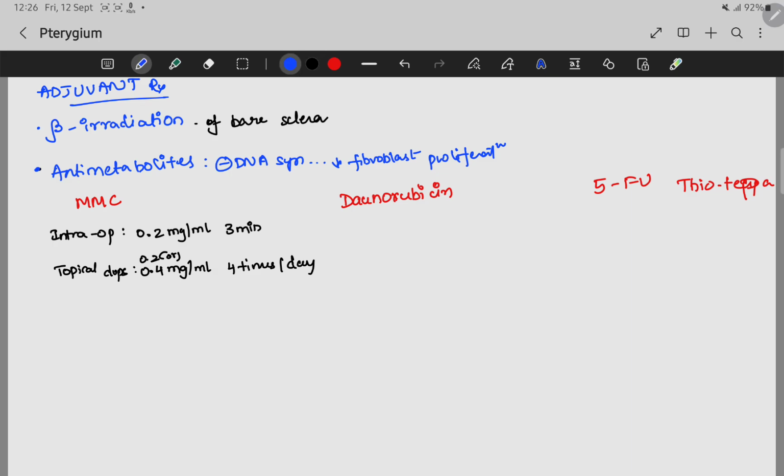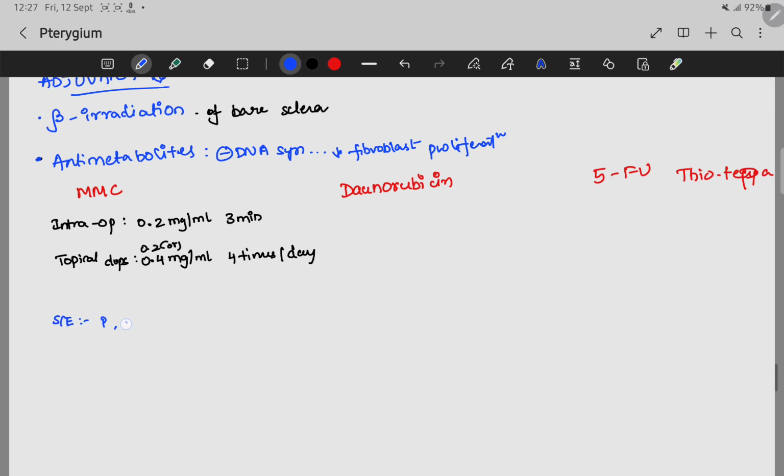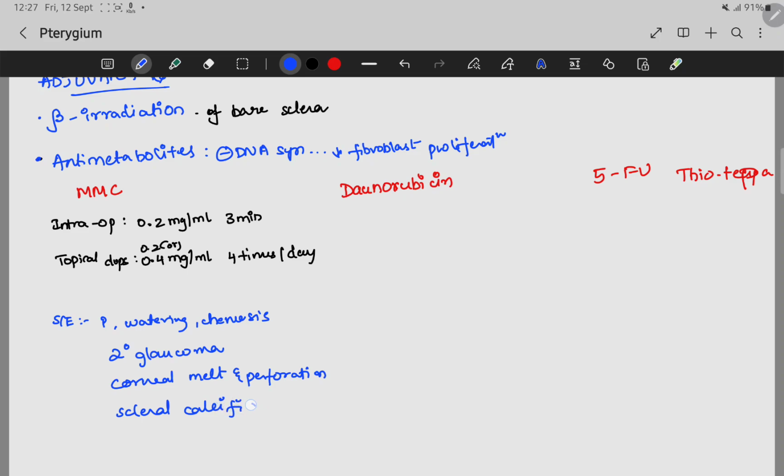So what are the side effects with these? There is pain, watering, chemosis, hyperemia, secondary glaucoma, corneal melt and perforation, scleral calcification, microbial infection, poor epithelial healing.